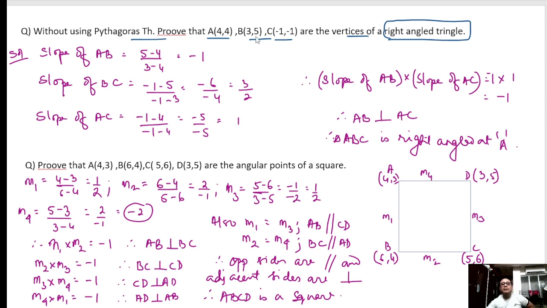So first let us find the slope between A and B. So slope of AB, slope of BC and slope of AC is coming this.